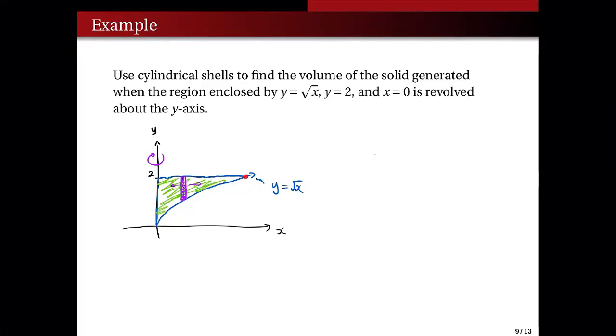So we need this intersection here. But this is just at y equals 2, so this x is equal to 4.